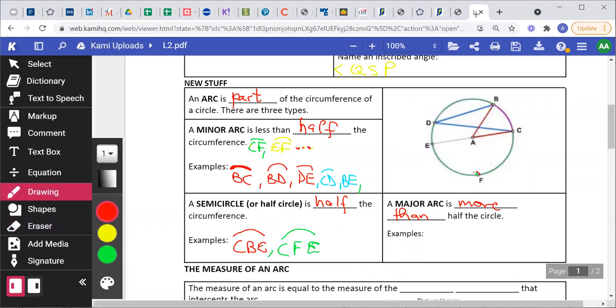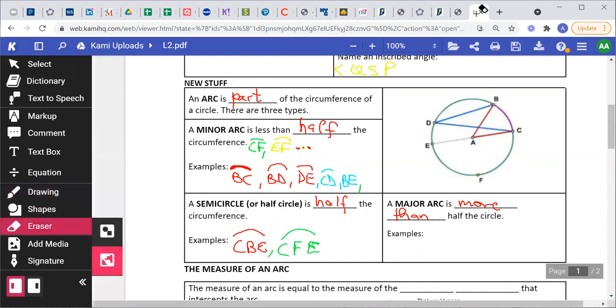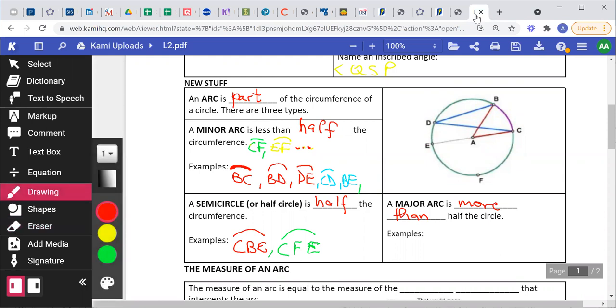So for the major, you need to go beyond half of the circle. Since this is half here, if I go beyond this place, it is more than half, okay? Then since I'm talking about the red, I might just say C to F. But if I say CF, CF might mean the green one I left out here.